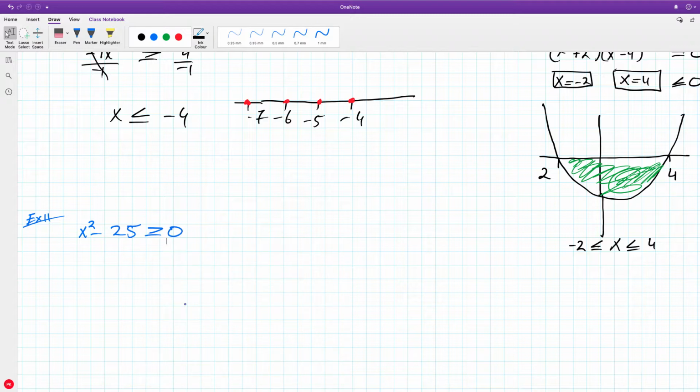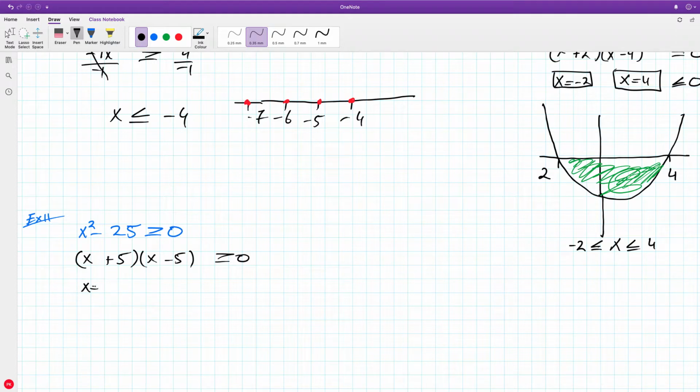Right, let's look at it. So, x squared minus 25 greater than or equal to 0. So that is bracket, difference of two squares, yeah? X and x, minus 5, plus 5.